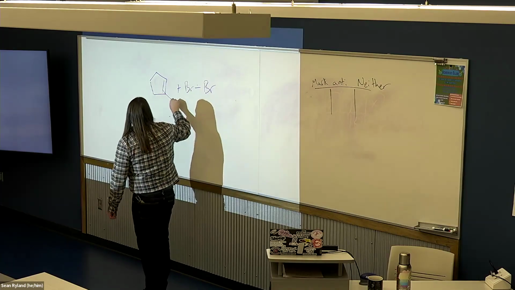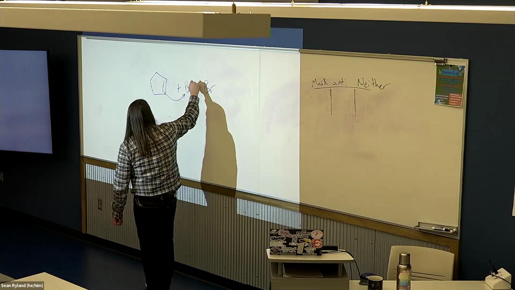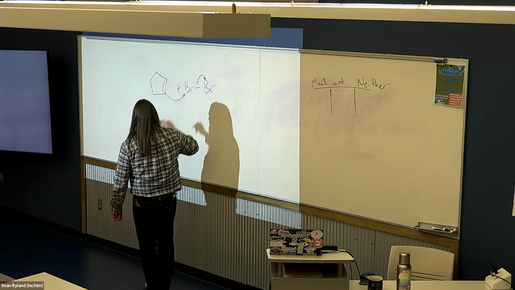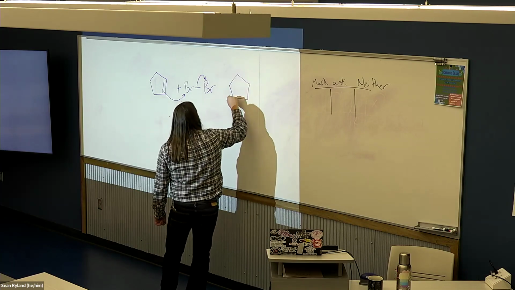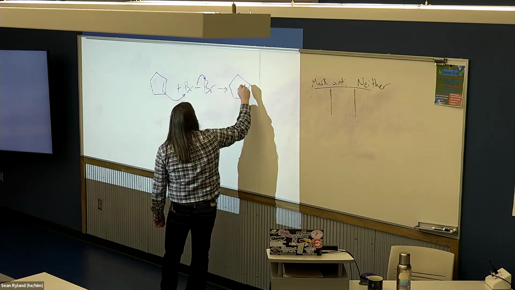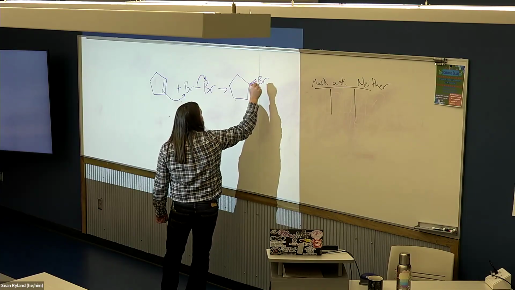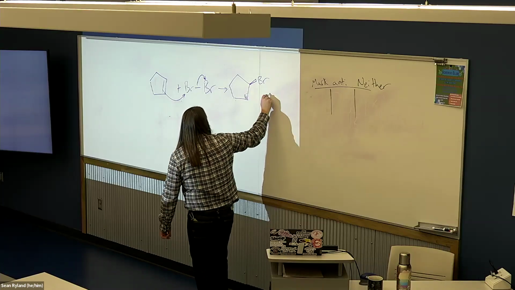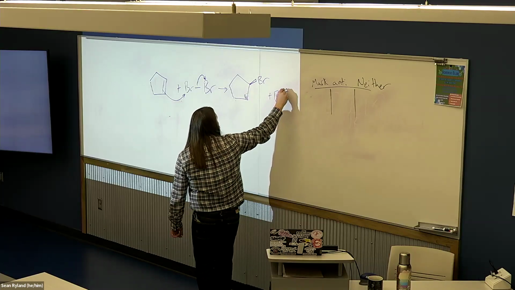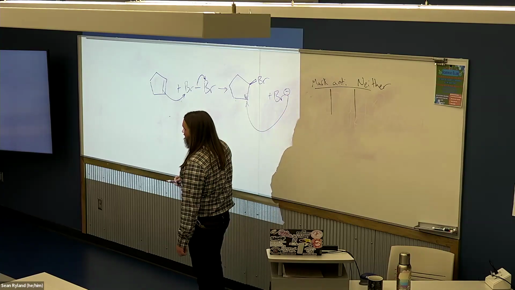So we said the electrons in the pi bond attack bromine, the first bromine, and the second bromine takes the extra electrons. So we see a bromine here, a carbocation here, and then bromide, which could then attack the second side.